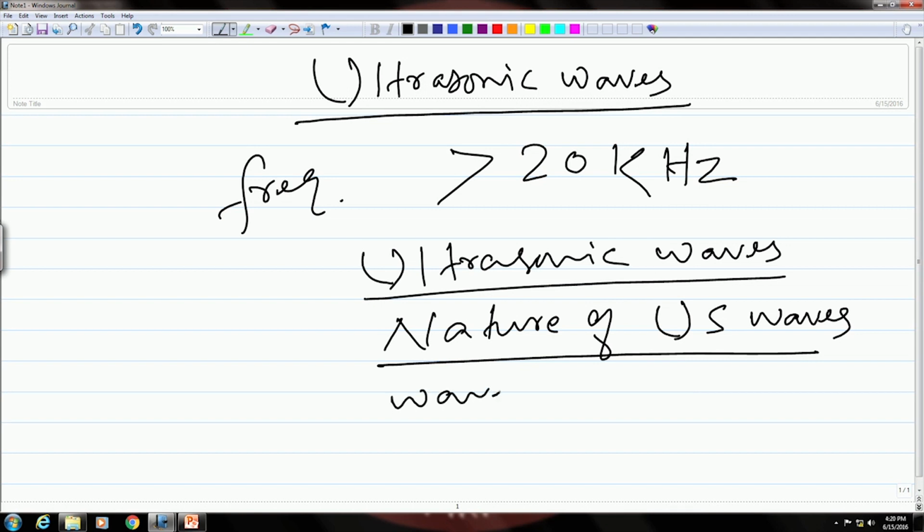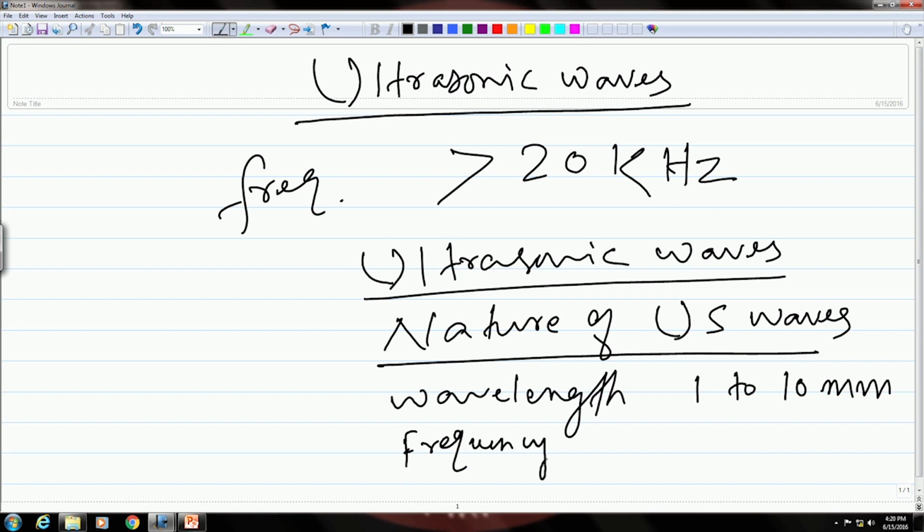So, this is what ultrasonic waves are, and if you see their nature and properties, for example, the wavelength is in the range of 1 to 10 millimeter. Frequency is 0.1 to 15 megahertz, but generally for doing ultrasonic testing a frequency within 10 megahertz is used.